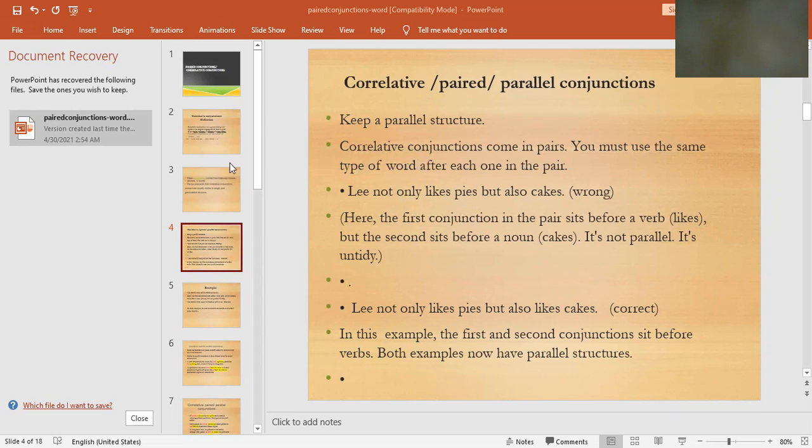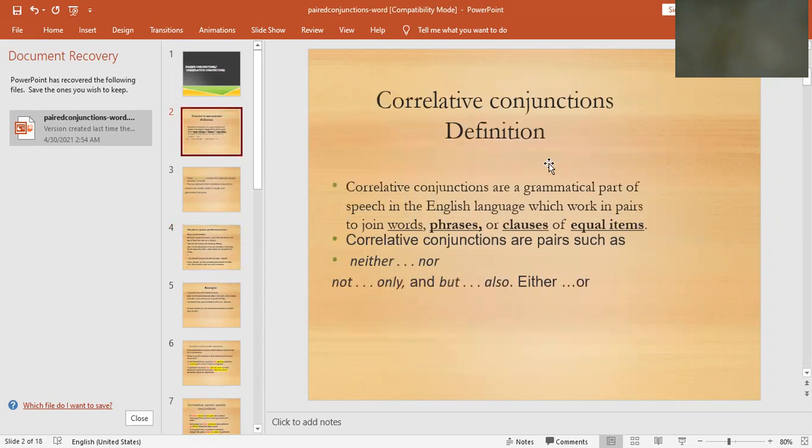You see correlative conjunctions here, slide 2. What's the definition of correlative conjunctions? Correlative conjunctions are a grammatical part of speech in the English language which work in pairs to join two words, two phrases, or two clauses of equal items.